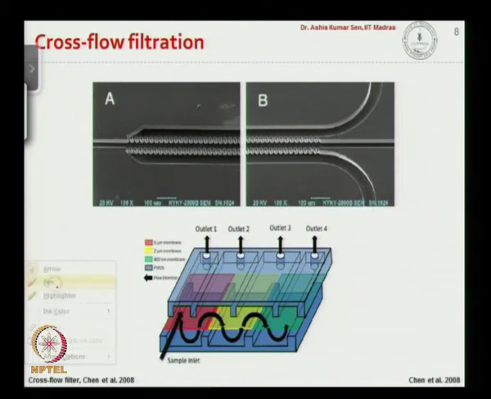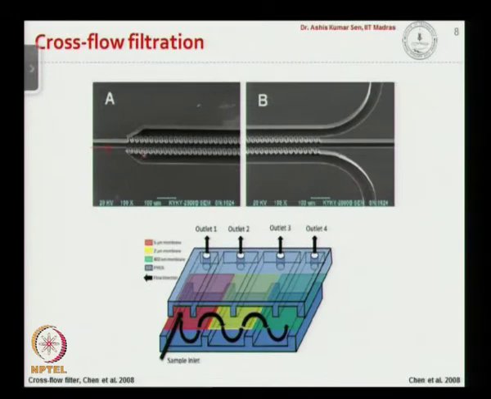In cross flow filtration, as you can see here, let us say the particle sample comes in here, and the difference between the cross flow filter and the dead end filter is that in cross flow filter the filtration occurs in a direction perpendicular to the normal to the flow direction. Okay. So that is how the pores of the filter do not get clogged and continuous filtration is possible.